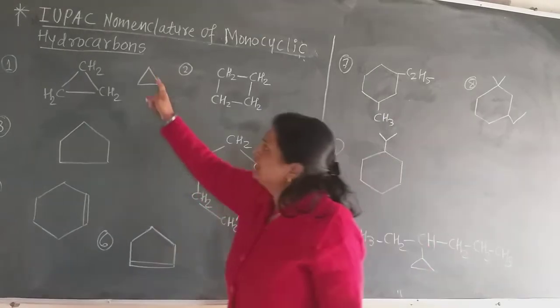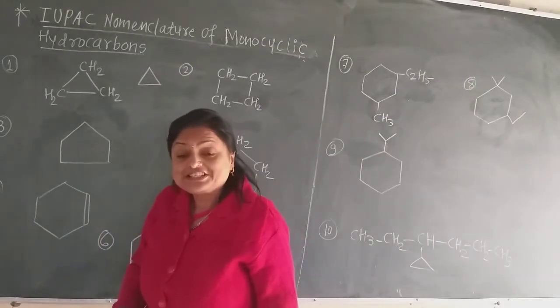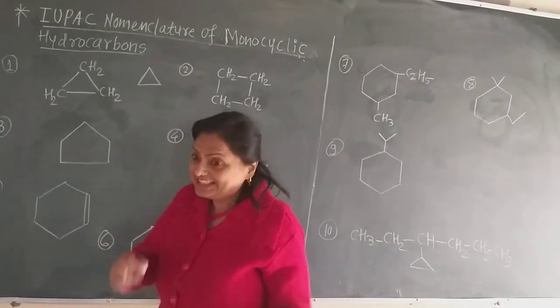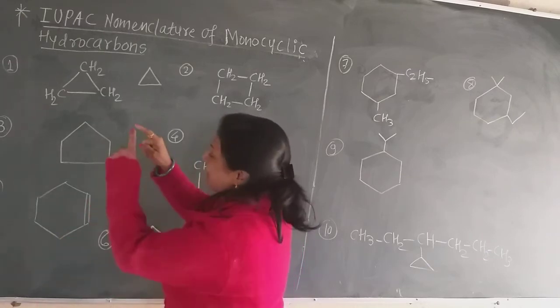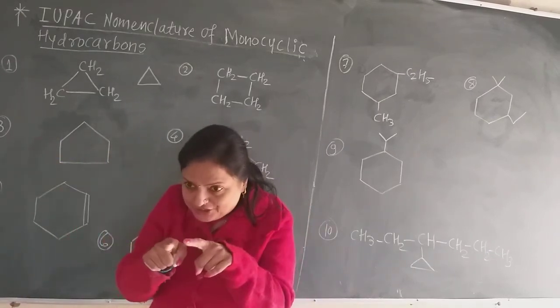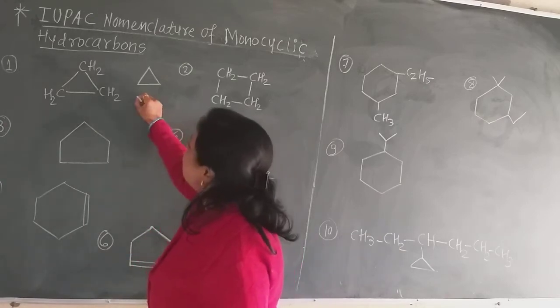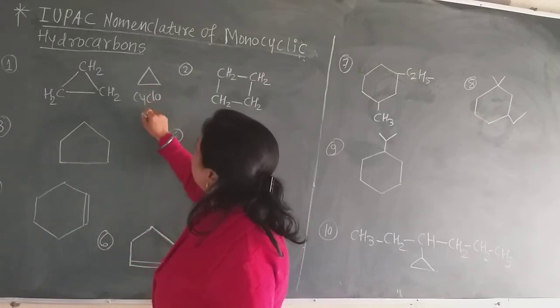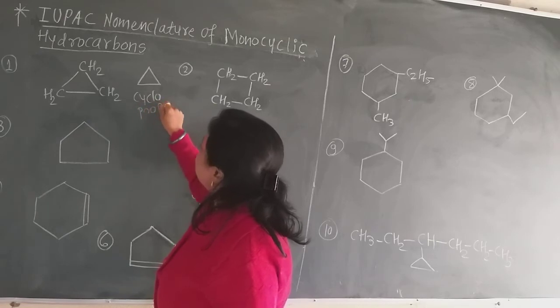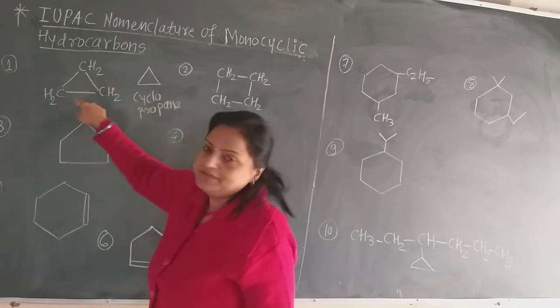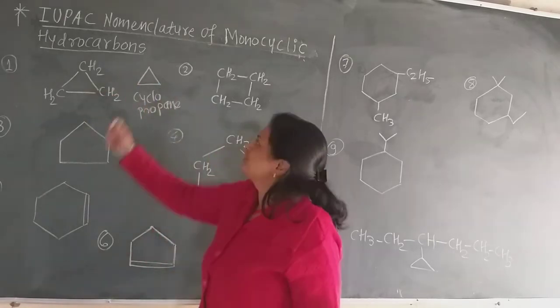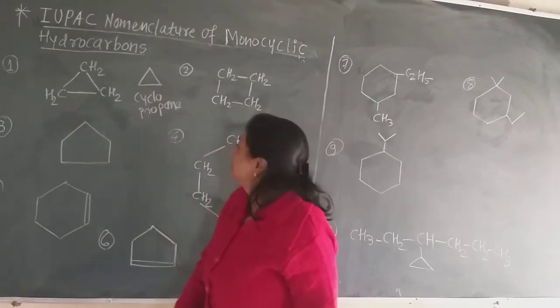Now this is only propane, but this is cyclopropane because there is a ring. The ending carbons of propane are joined to each other and form a triangular monocyclic ring. So it is cyclopropane. This and this are similar. This is also cyclopropane.